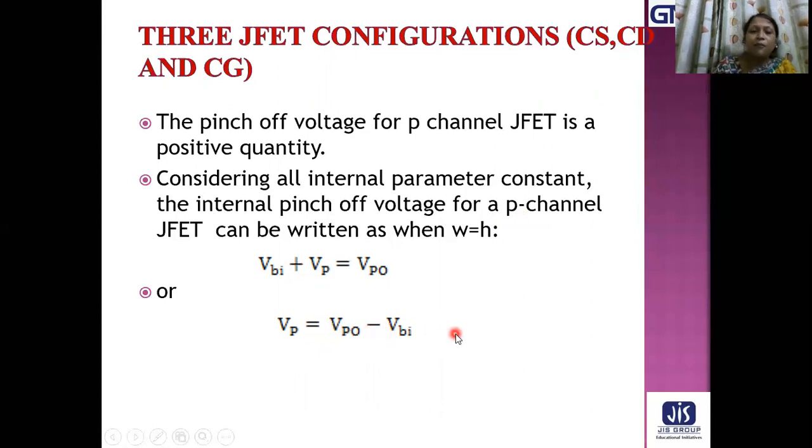This is the final formula of VGS for a P-channel JFET. When W equals H, that means the depletion region has covered the total channel region.